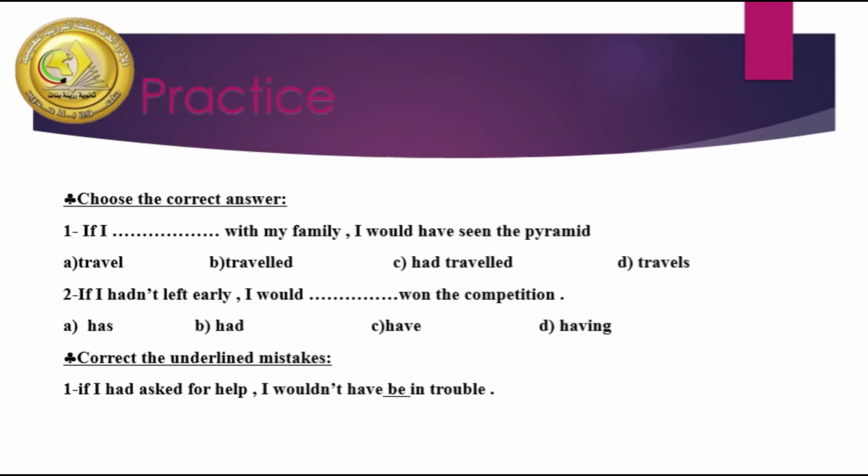The last exercise for today is choose the correct answer. We have two sentences. The first one, if I travel with my family, I would have seen the pyramid. As you can see, we have the first part in the if clause missing. But in the second part, in the main clause, we have would have seen.